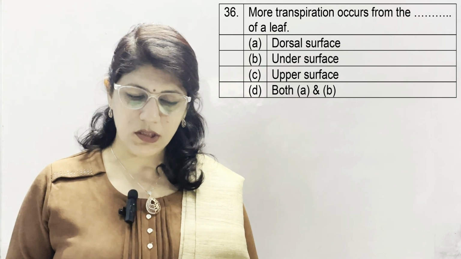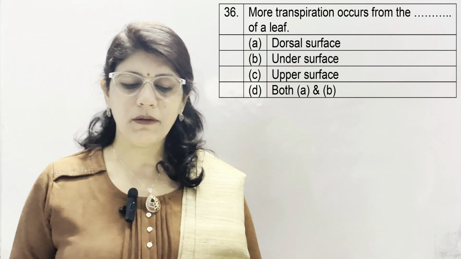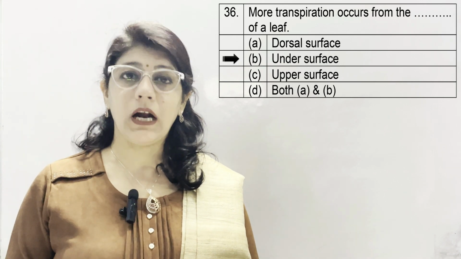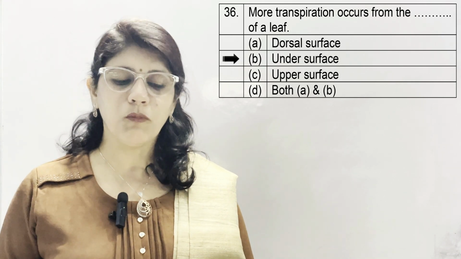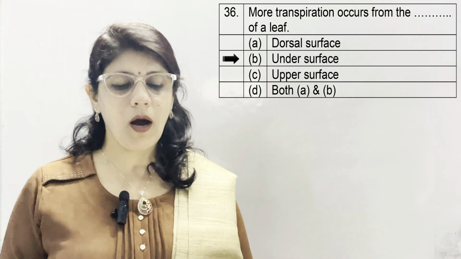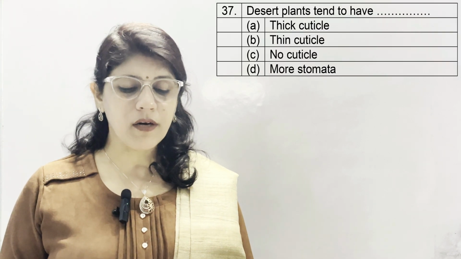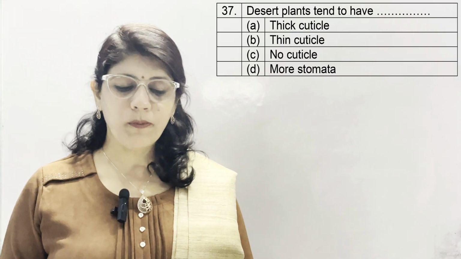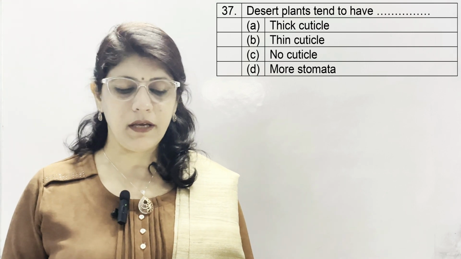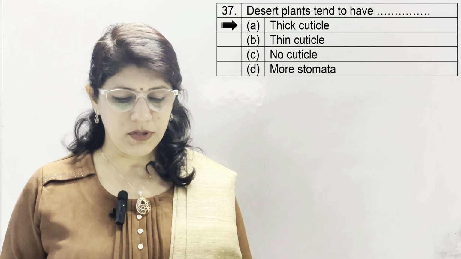A option dorsal surface, B under surface, C upper surface and D both A and B, and the correct option is B, which is under surface, because more stomata are present in the under surface of a leaf than the upper surface. In question number 37, desert plants tend to have A option thick cuticle, B thin cuticle, C no cuticle and D more stomata, and the correct option is A, which is thick cuticle.